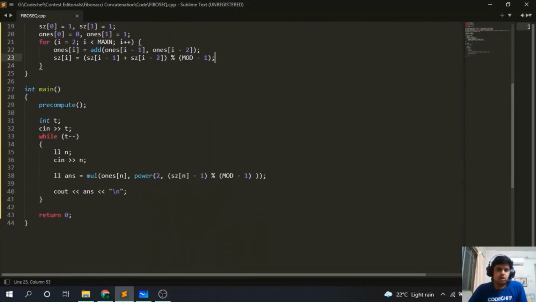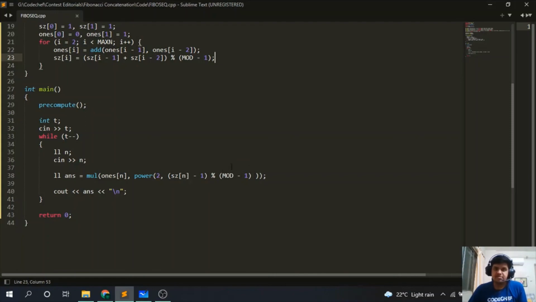So here we will call the pre-computation function. In the main part, we will just take input n, which is the Fibonacci concatenation number that we want to find the answer for. And here I will just declare a variable answer. So here it will just be ones of n, the number of ones in the nth number, into power of 2 to the power sz minus 1 mod mod minus 1.